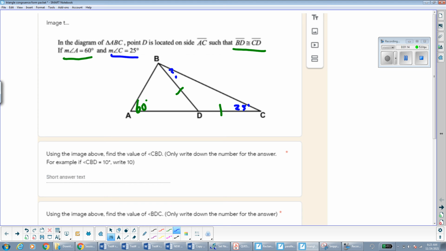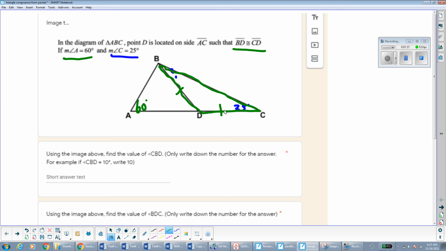CBD. So if we take a look for a second at triangle BDC, we see that it has two equal sides, making it an isosceles triangle. Remember, if a triangle has two equal sides or two congruent sides, the angles opposite those sides are also congruent.